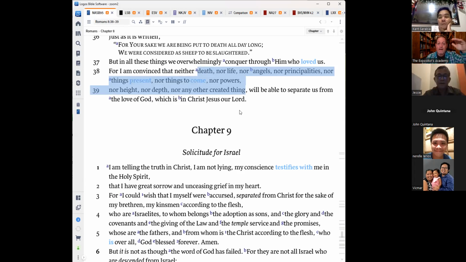And notice, he gives four pairings here, four merisms. So he's really bringing the emotion here. He's overwhelmed with the fact that nothing can separate us from the love of God. No power, death nor life, the present or the future, height or depth. But he says that in a more emphatic way.